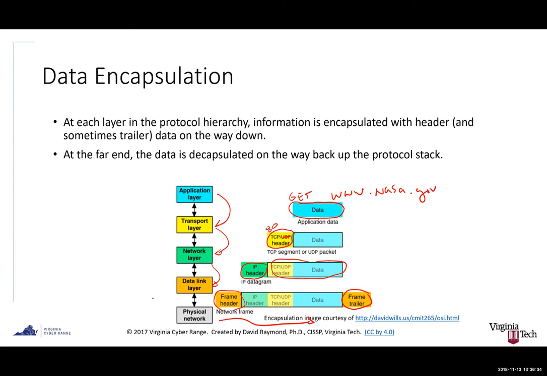And on the other end, it makes its way back up this protocol stack, and those headers are stripped off, and the data is read by that protocol, and action is taken. So that's the notion of data encapsulation. It happens at each layer as data is handed down through the protocol stack, and then when it comes back up the protocol stack at the receiving end, those headers are going to be stripped off, and the action is going to be taken based on information in those headers.